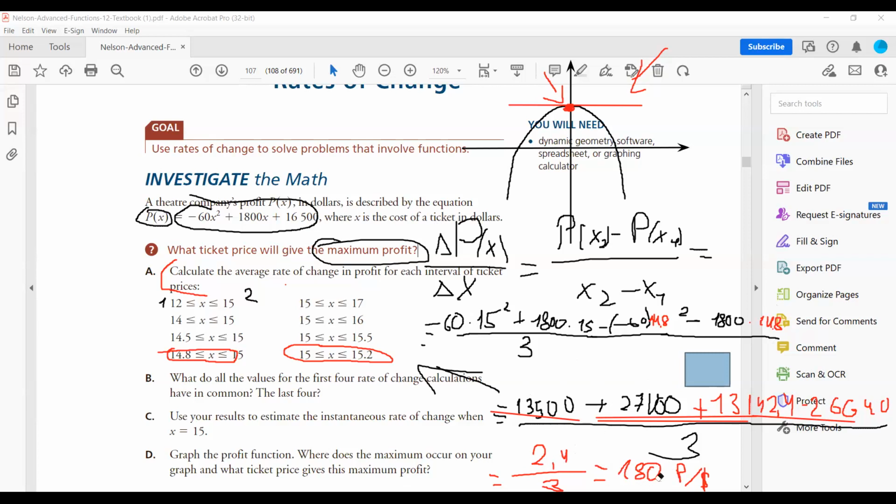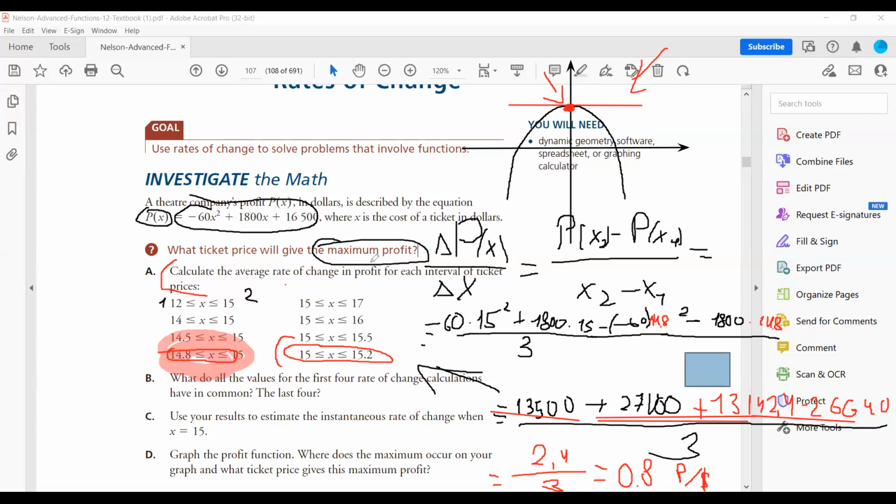And we can see that the gain in profit per dollar is getting less and less. And this time it's 0.8. Profit per dollar increased. And on the opposite side, remember, this time we're approaching $15 per ticket from the left-hand side, right?